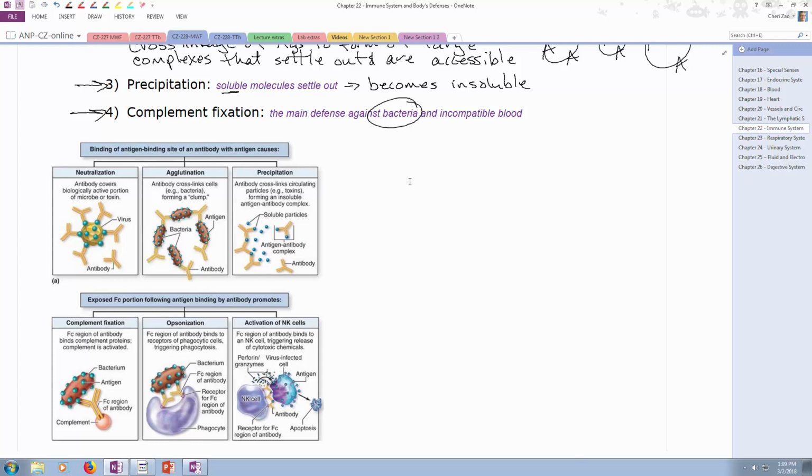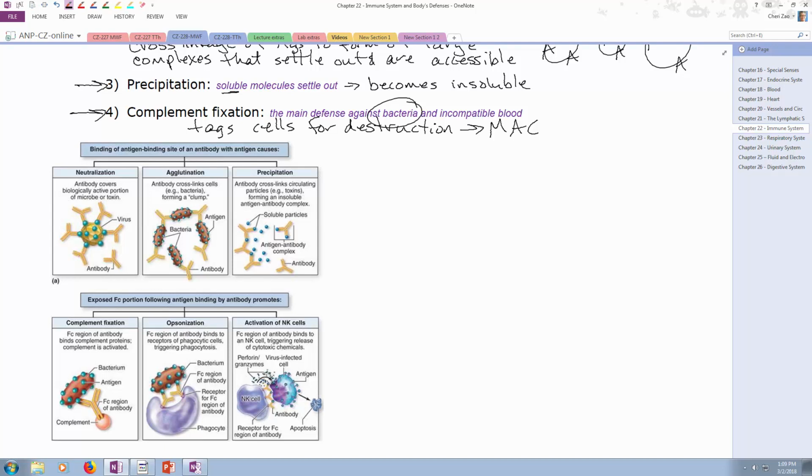But complement fixation is a tagging process. So it tags cells for destruction. And remember, it does this with MAC, membrane attack complex. And that's an important thing when we actually talk about complement fixation.